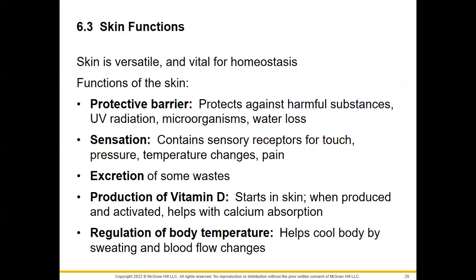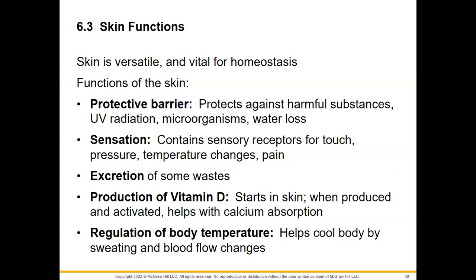Functions of the skin. Skin is versatile, and in order to maintain balance in the body, it's imperative that your skin be intact and work the way it's supposed to work. The functions of the skin include being a protective barrier, helping you with sensations, helping you with excretion, helping you produce vitamin D, and regulating your body temperature.